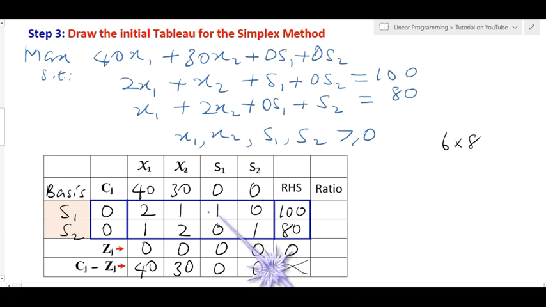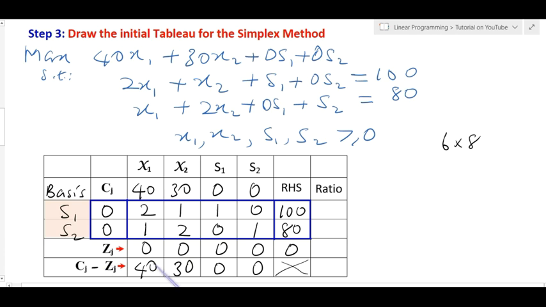Now, this is the initial tableau. At this stage, S1, the slack variable 1, has a value of 100, and S2 has a value of 80. That means the value of this resource is 100, and the value of this resource is 80. We're going to be taking from these two resources to maximize our objective function.